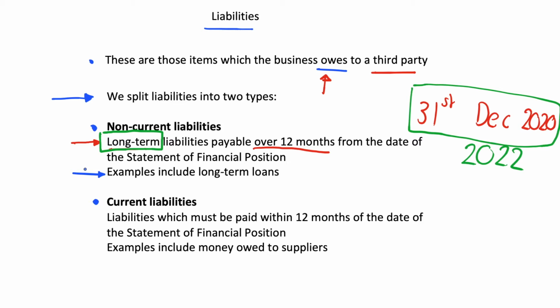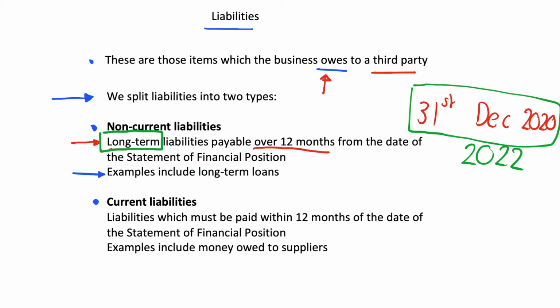This is probably going to be the most common form of non-current liabilities that you see in a company's accounts. We can think of things like a mortgage that has to be paid off a long time in the future, or just any sort of loan that is going to be paid off at a much later date.